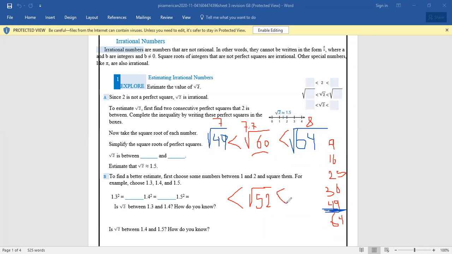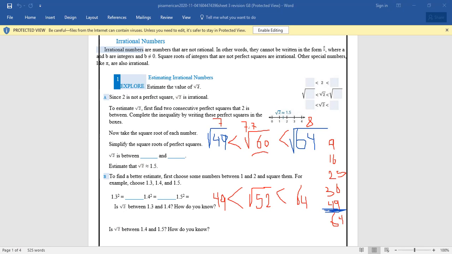Between 49 and 64. Yes, 49 and 64. Okay, 49 and 64.